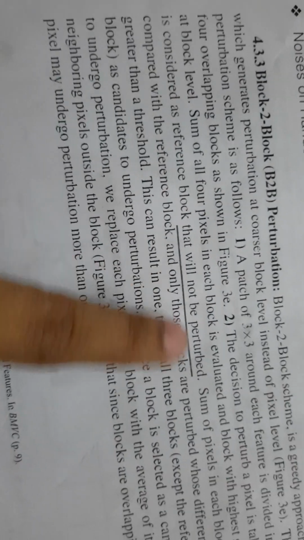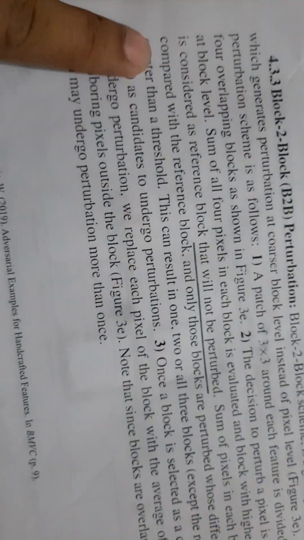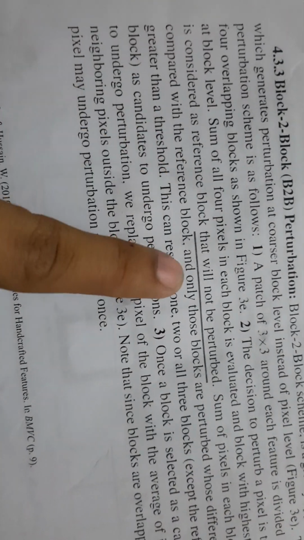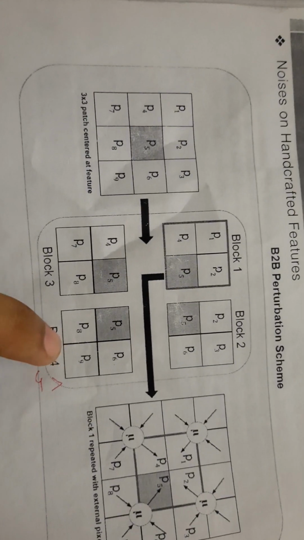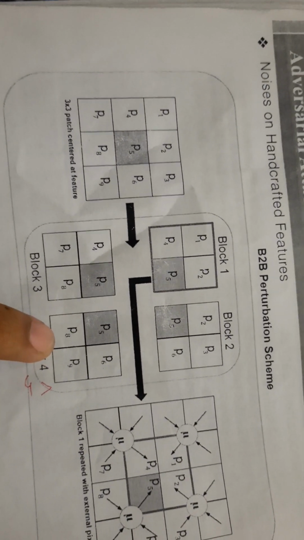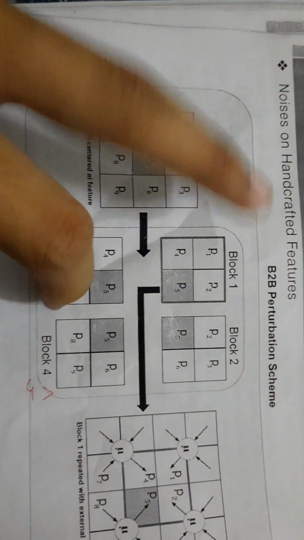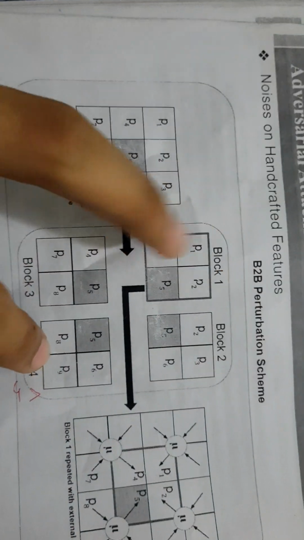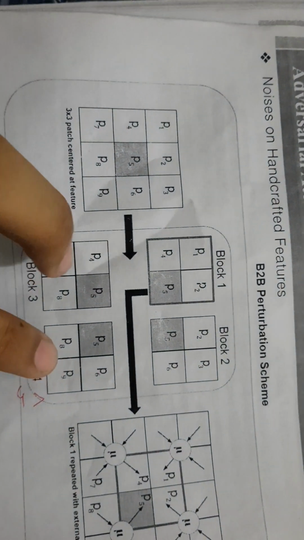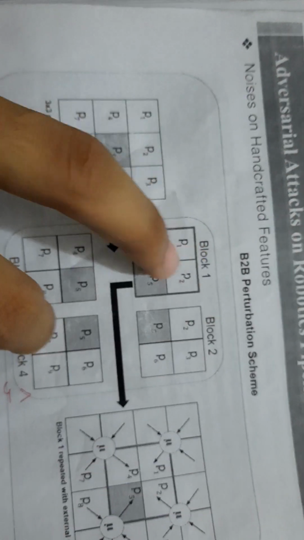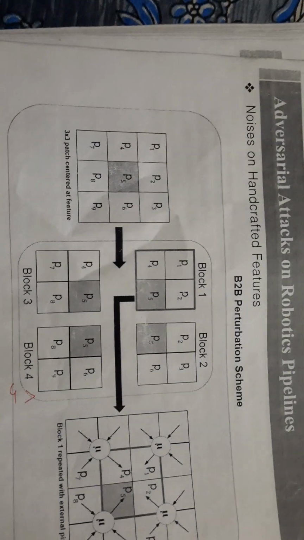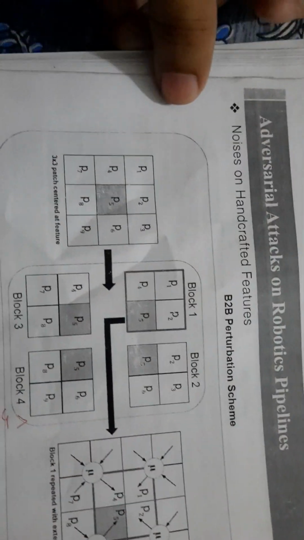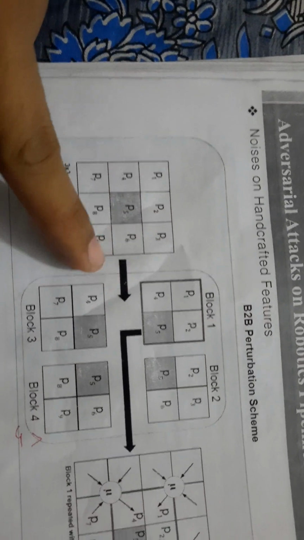The sum of pixels in each block is compared with the reference block, and only those blocks whose difference is greater than a threshold are perturbed. Let's say this one got 70 and this one 30; you find the differences between the blocks, and you get 20 here, 10 here and 30 here. Now you set a threshold; let's say I keep the threshold as 10.